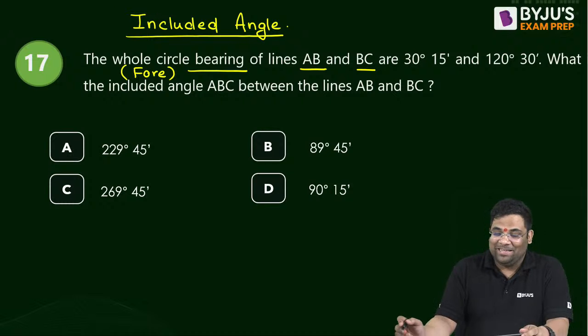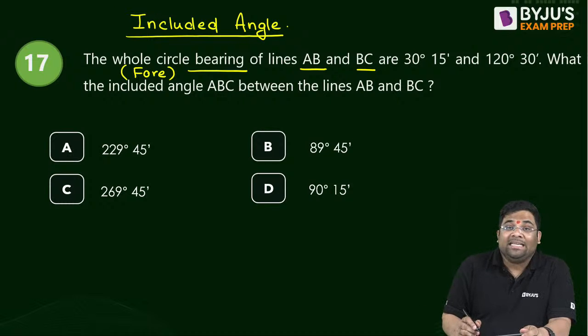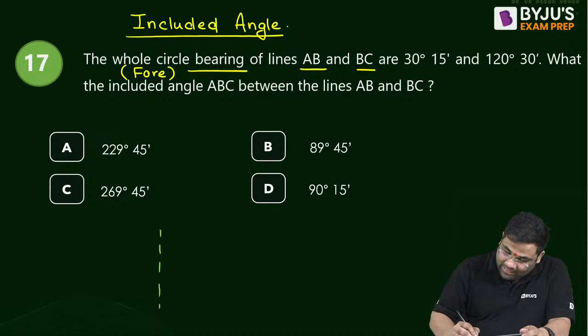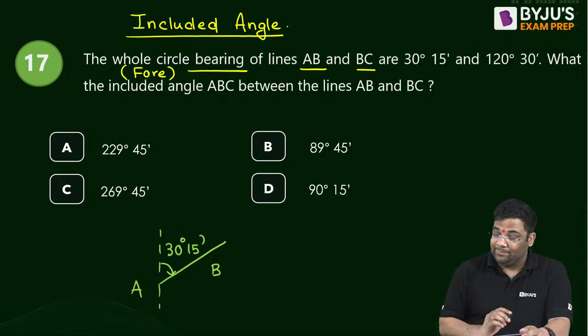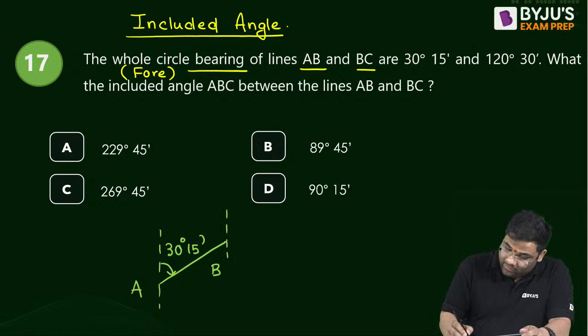Okay, 17B, yes. See, AB is 30 degree 15 minutes, right? So draw a straight line at 30 degree 15 minutes. This is AB, right? And then BC. BC is 120 degree 30 minutes. So what you do?